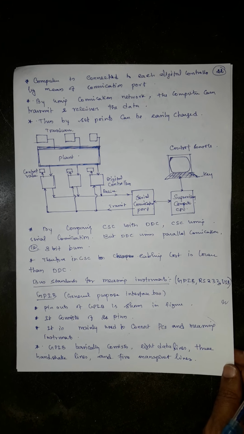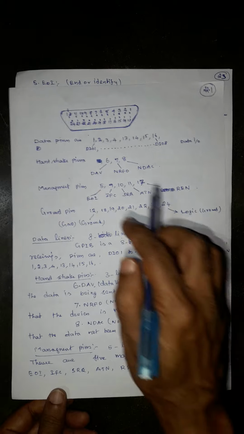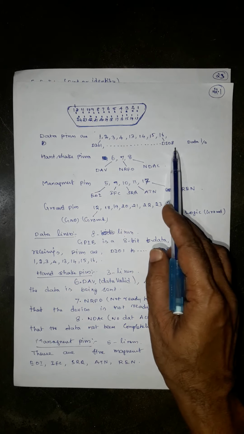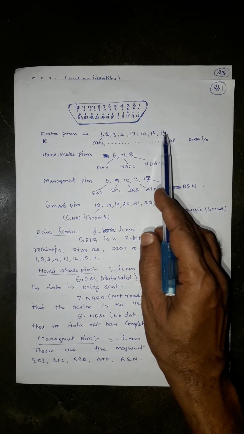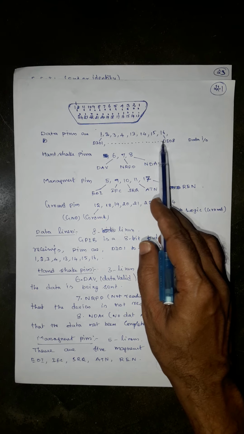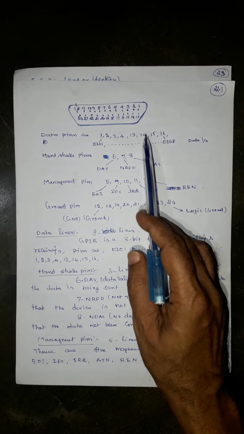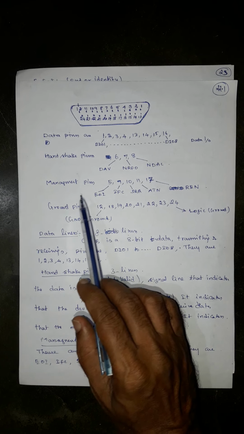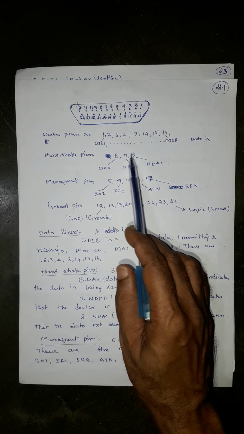GPIB basically consists of 8 data lines, 3 handshake lines and 5 management lines. See, this is the pinout of a GPIB. It has 8 data lines, that is pins 1, 2, 3, 4 and 13, 14, 15, 16. Then the handshake signals are at pin numbers 6, 7 and 8.